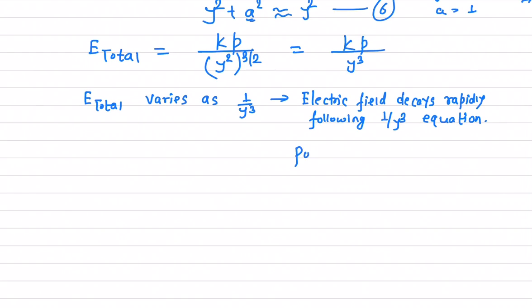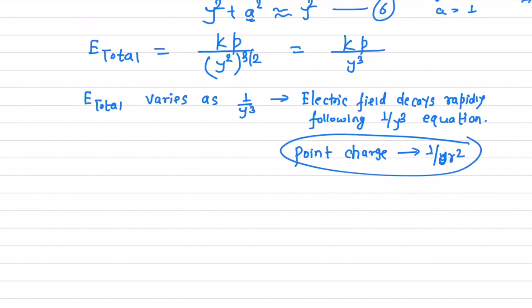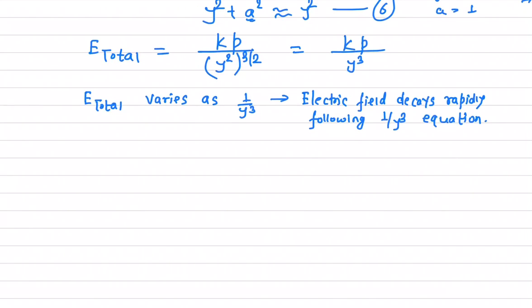If you remember, the point charge field varies as 1 over y squared, or 1 over r squared. But in this case it varies as 1 over y cubed. That's the reason I said it decays more rapidly.